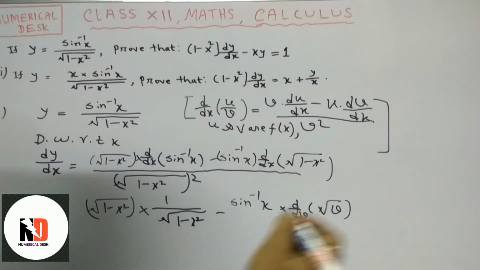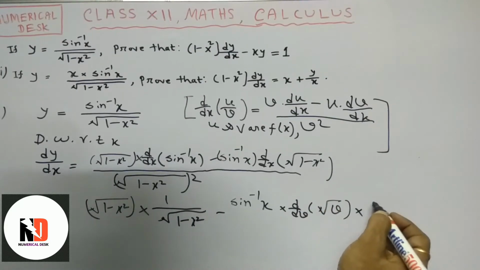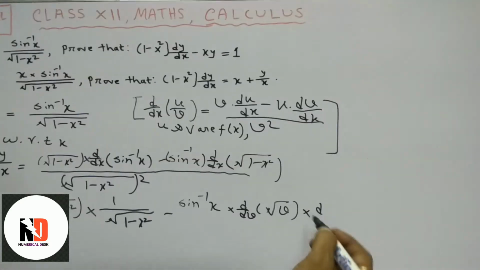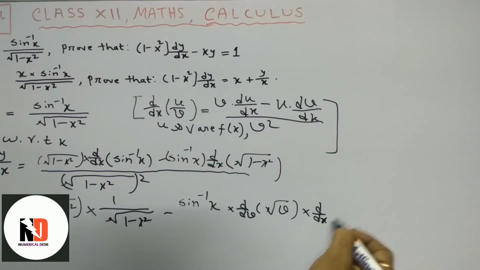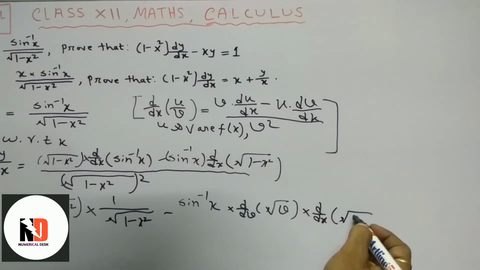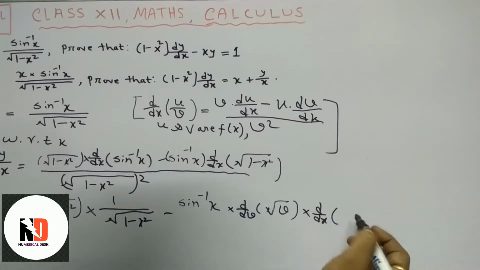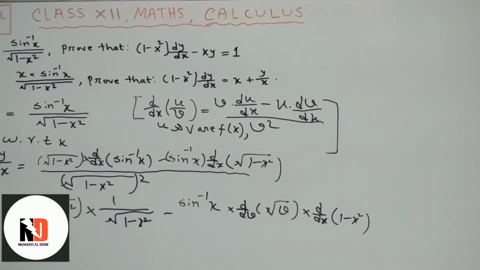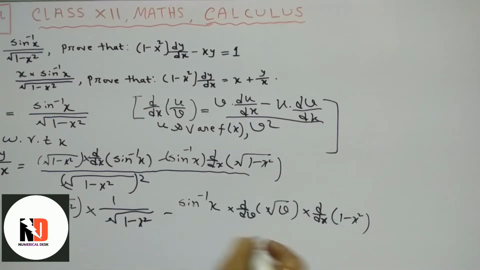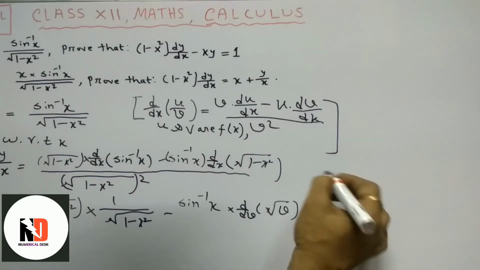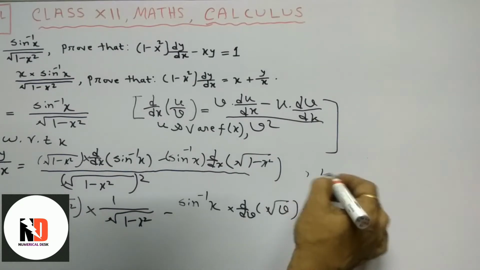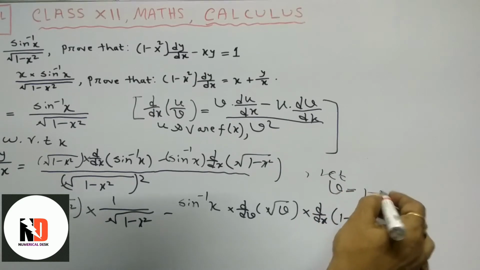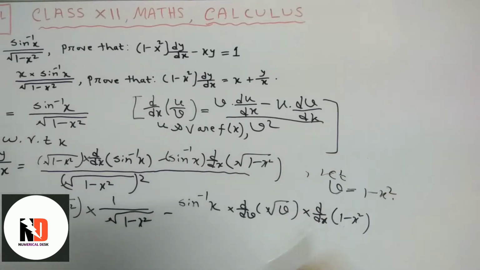The part substituted, v, is 1 minus x square, and hence we have assumed v equal to 1 minus x square.